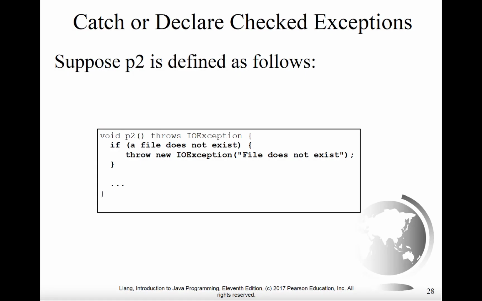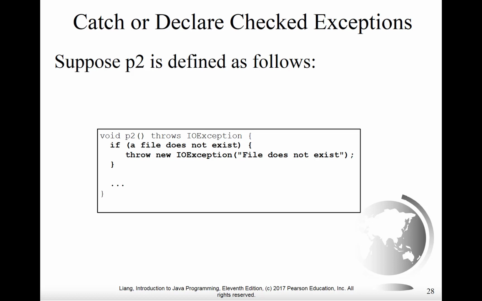Earlier, it was mentioned that in the case of checked exceptions, you must deal with them. And what that means is you either have to catch them or you have to declare them, one or the other. So let's suppose we have a method P2 defined in the following way.